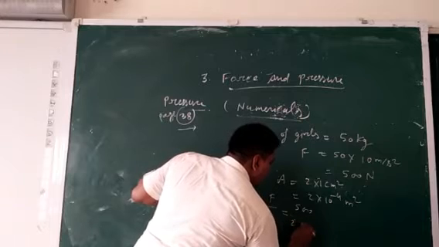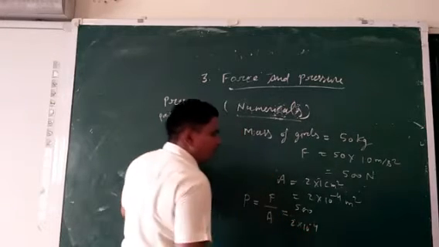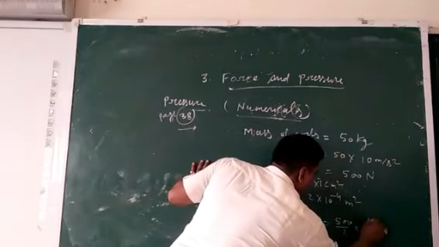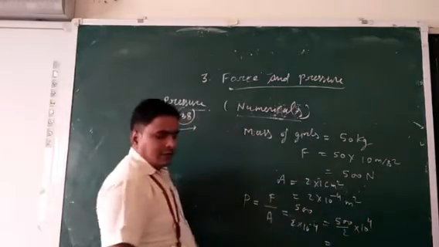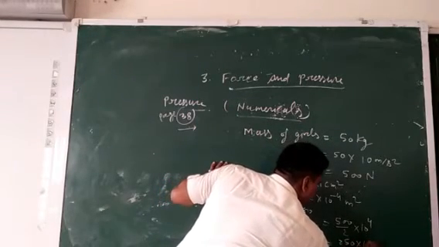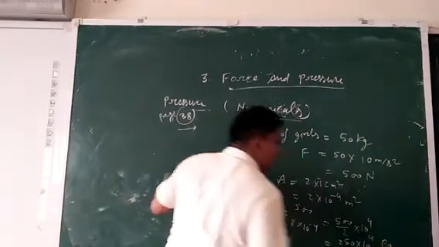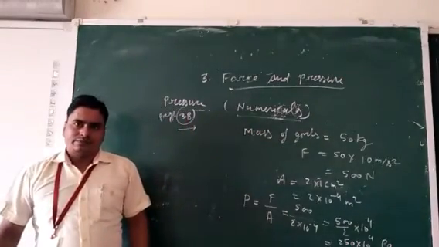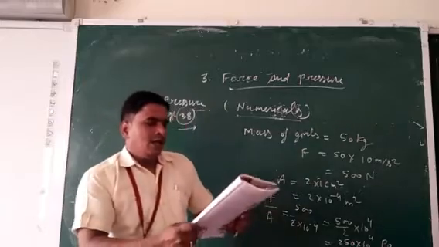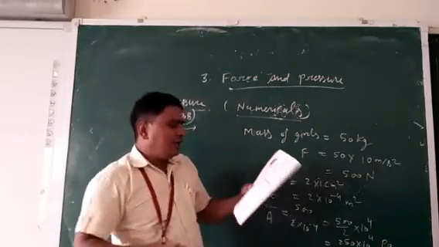Area 2 into 10 to the power minus 4. So 500 by 2 into 10 to the power minus 4. When you solve this one, what will you get? 250 into 10 to the power 4 Pascal. Clear? Okay.